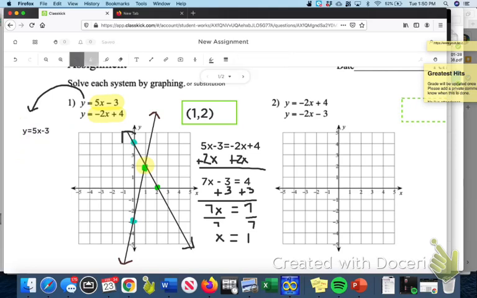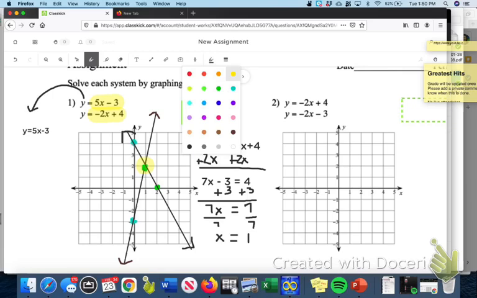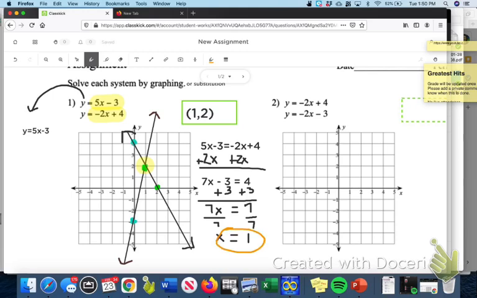Now that I know that x is equal to 1, because I just got that in the previous solution, I can take that x out of the equation and substitute a 1 in its place. So y equals, instead of 5 times x, 5 times 1, which is 5 minus 3. So we know that y is equal to 2.